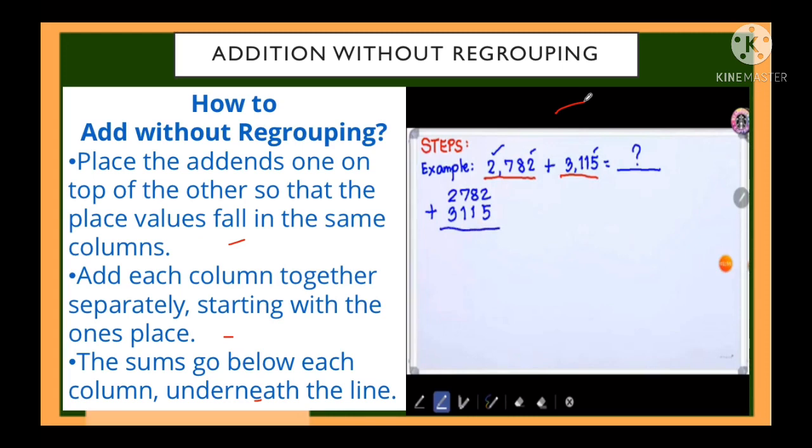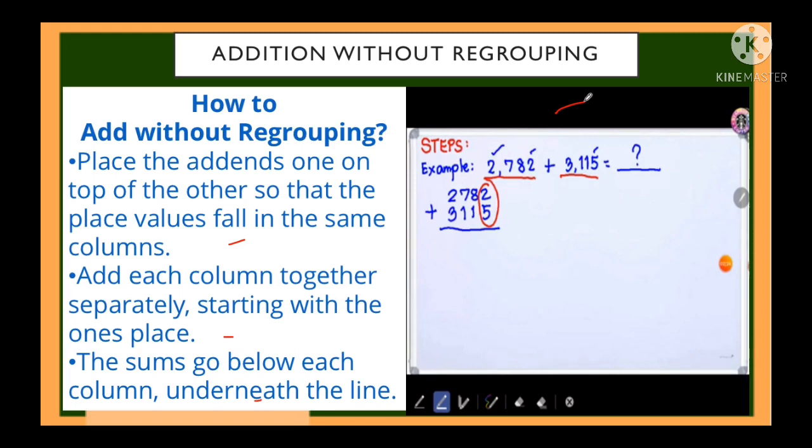Okay, so after that first step, the second step is add each column together separately, starting with the ones place. Every time we do addition, we need to start on the right side.